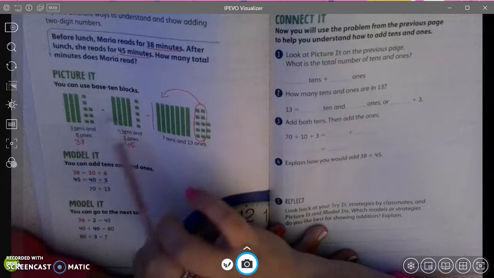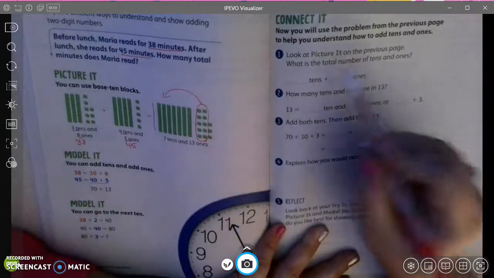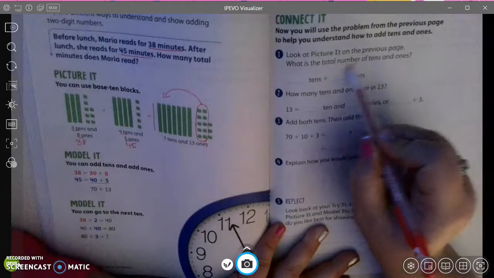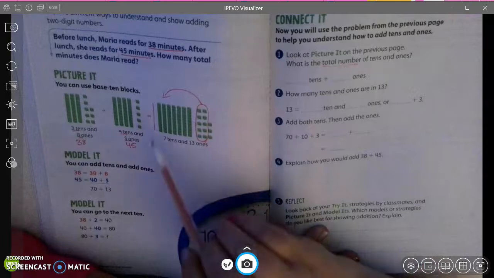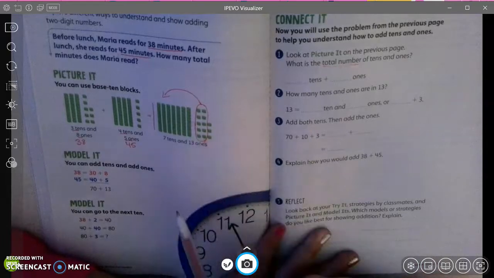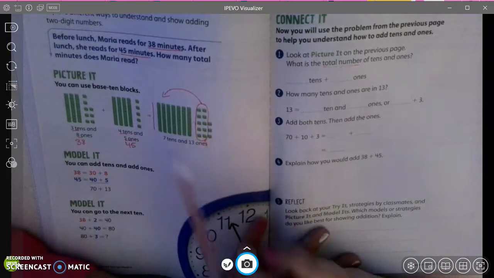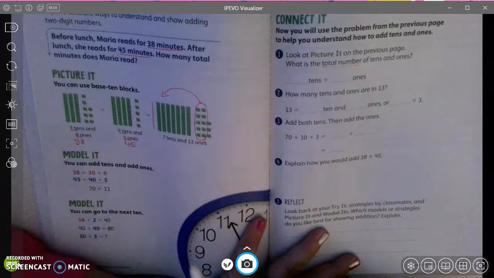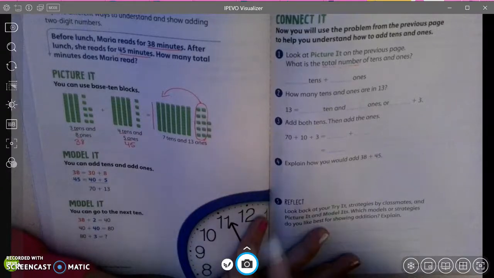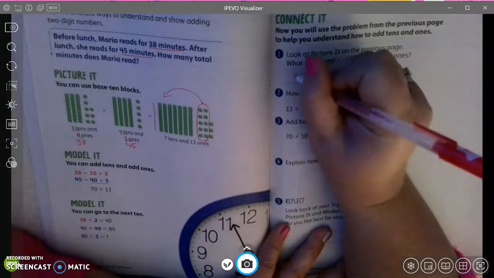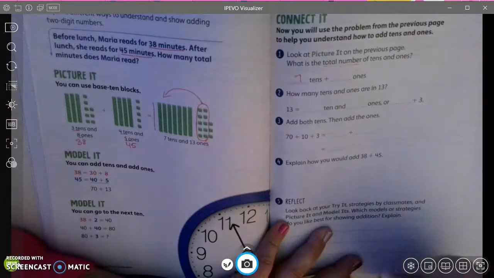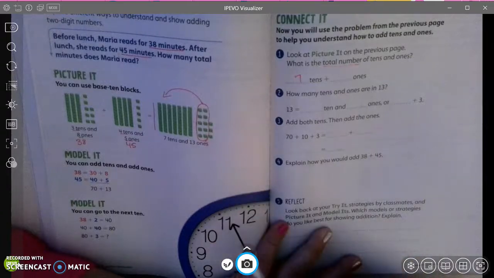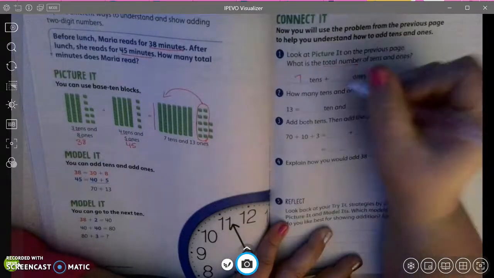Do I look at this one or this one or this one? It says total number. So we're not looking at the red that I added. We're only looking at the green. How many tens do they have? They have 7 tens, right? How many ones do they have? They have 13 ones.